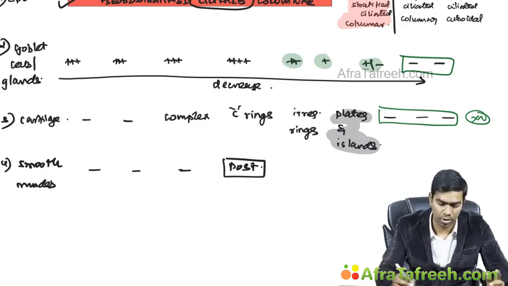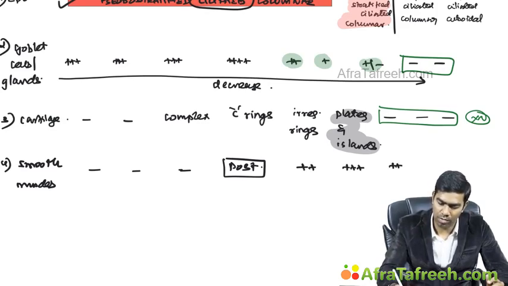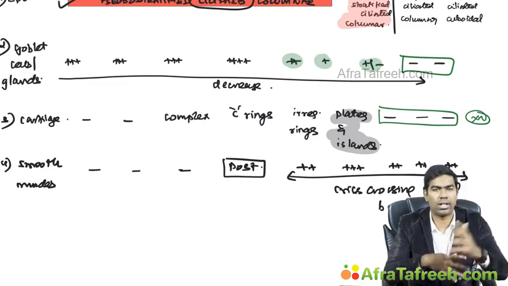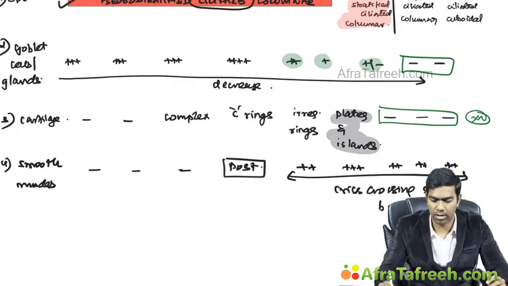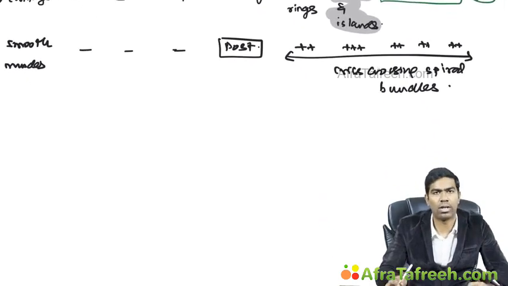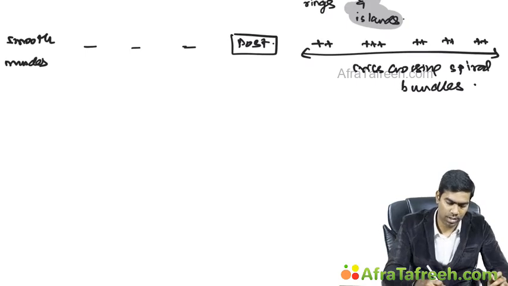Then everywhere else you will see a good amount of smooth muscle, which typically forms crisscrossing spiral bundles and fibers. So this is how they will be arranged. Abundant smooth muscles will be there from the moment you start from the bronchi, but initially you don't have that much smooth muscle. This I told you already.